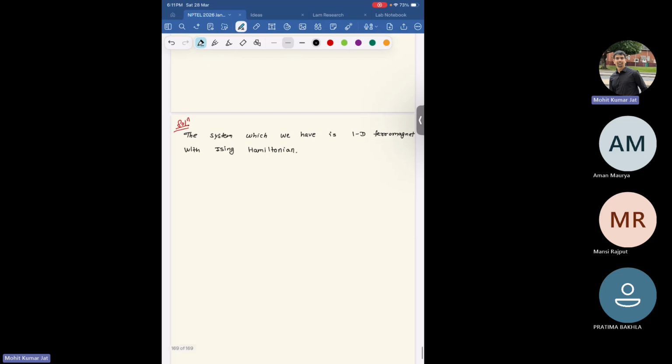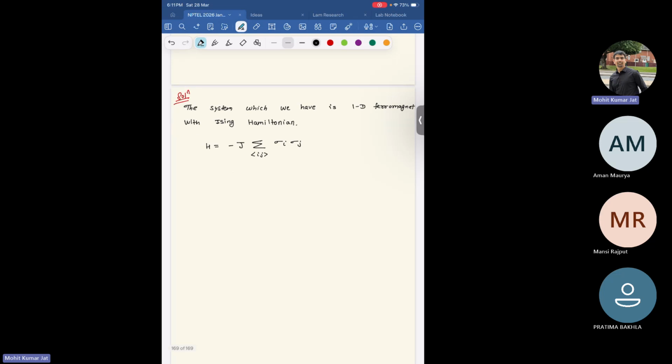So your H is essentially the summation of minus J, summation over ij of sigma i sigma j. And since in the given problem i and j are 1, 2 and 3, you can write your H to be minus J times sigma 1 sigma 2 plus sigma 2 sigma 3 plus sigma 3 sigma 1, and now since the loop is complete, no more terms. So these are the terms.